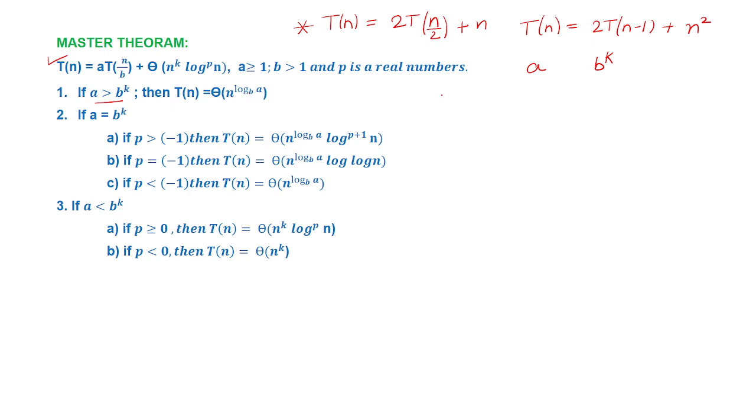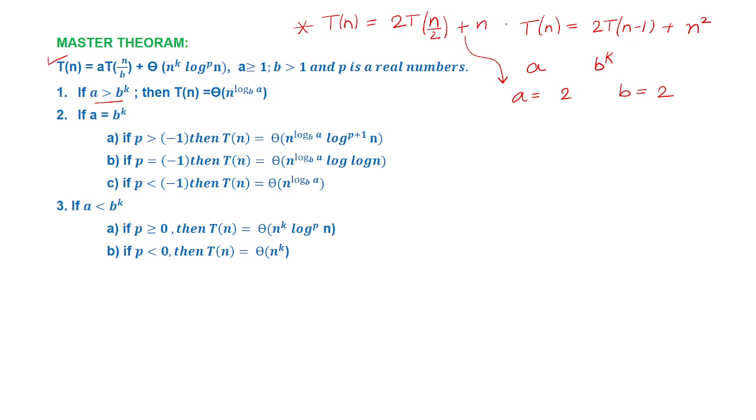For example, let's say you have the recurrence relation T(n) = 2 T(n/2) + n, where a is equal to 2, b is equal to 2, and k is equal to 1.